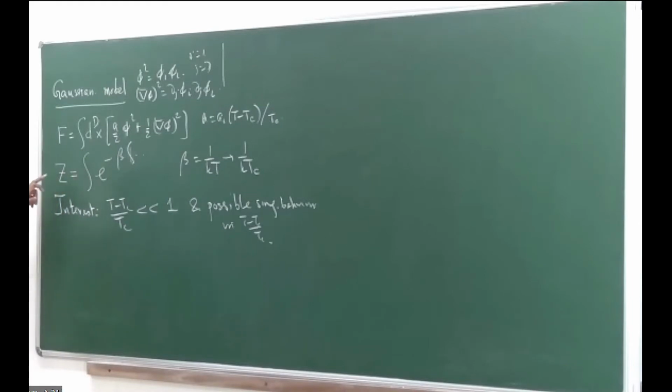Now the thing is, this is doable. I have missed the d phi over here. And this quadratic thing is doable. The answer is, at the end of the day, a product over all k.